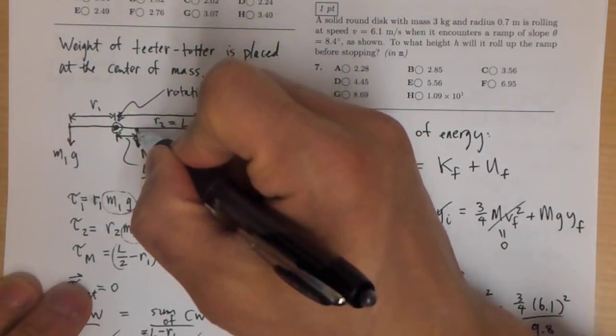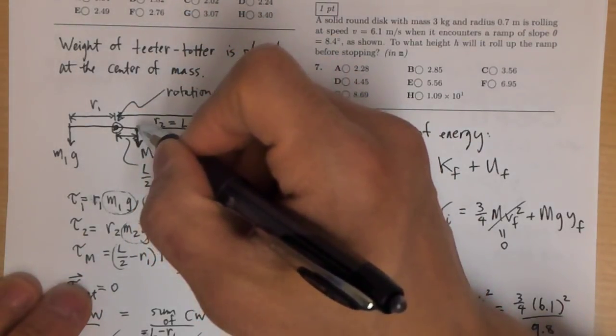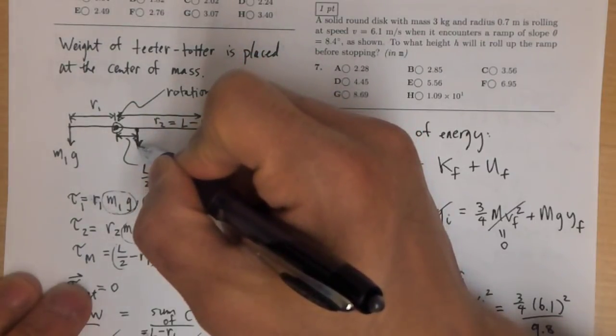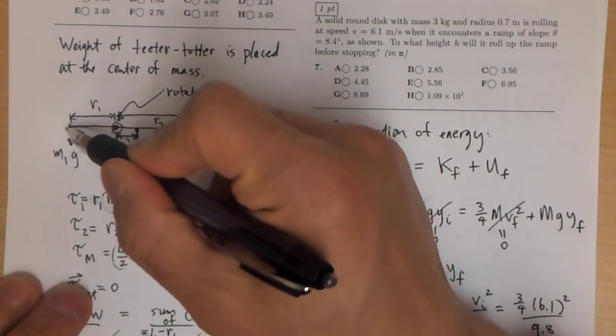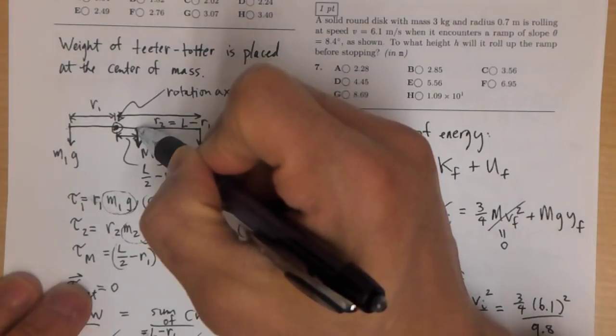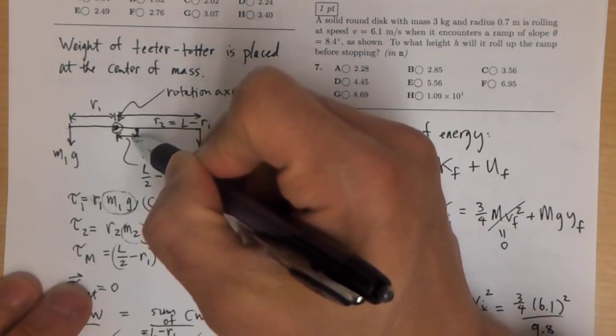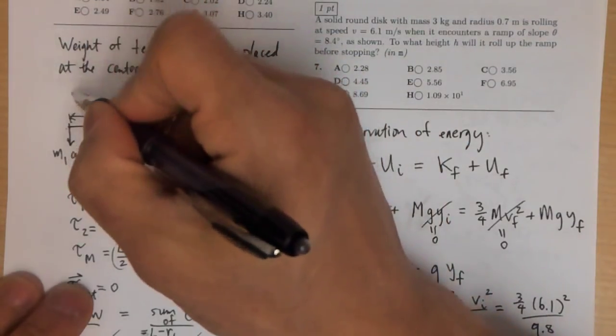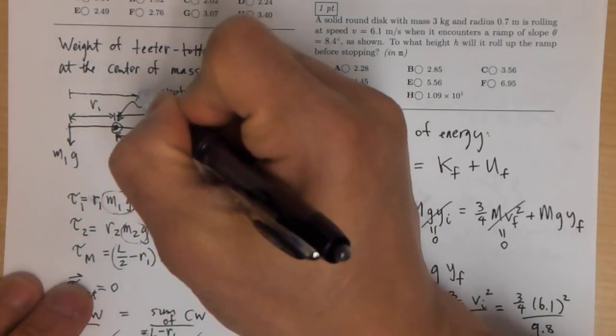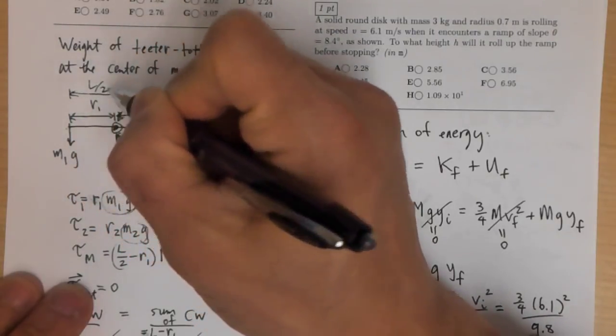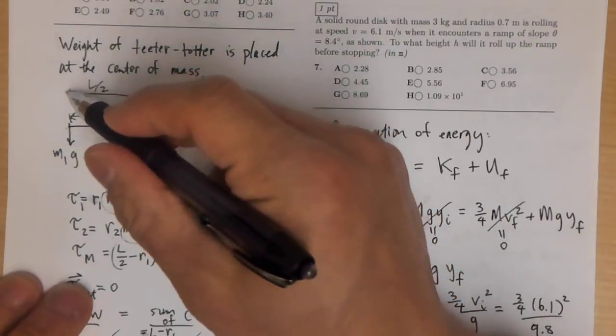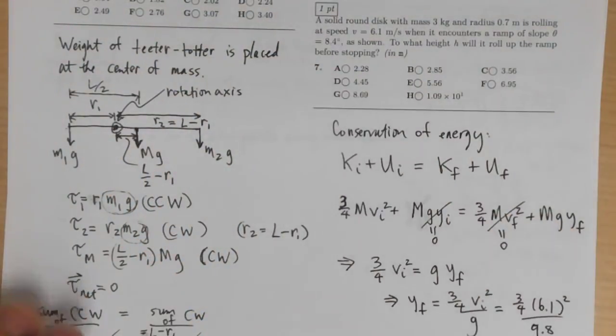Then we have the weight of the teeter-totter material itself, and that's from the center. So this distance from this end to this end, as I said, is L over 2. So this little extra piece will be L over 2 minus R1. See what I did here? This is going to be L over 2, so then this little piece must be L over 2 minus this distance R1.